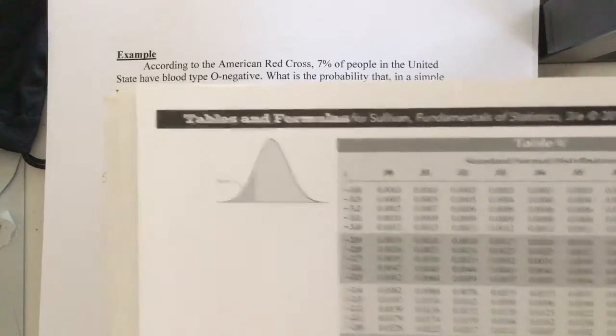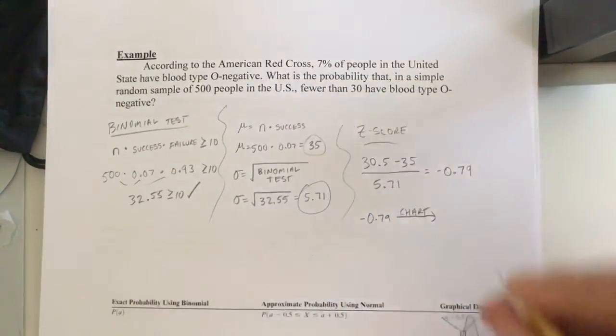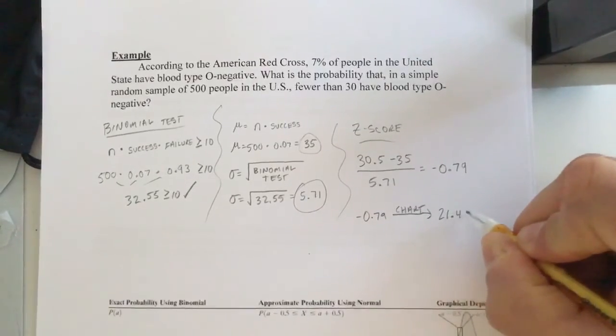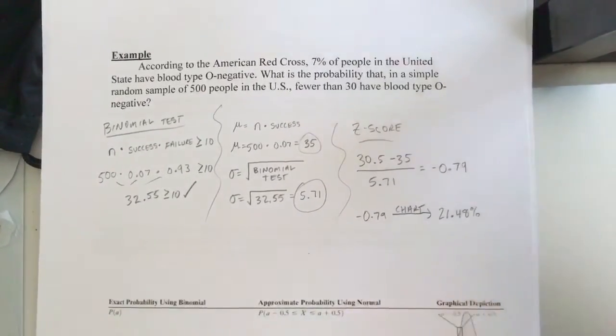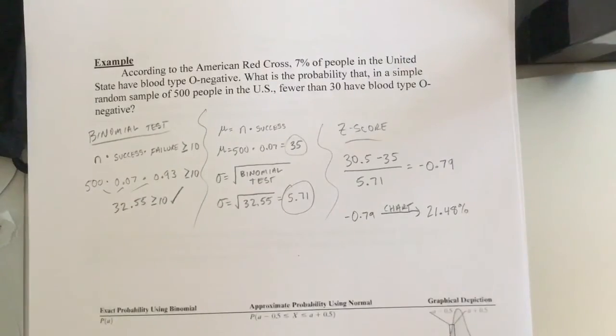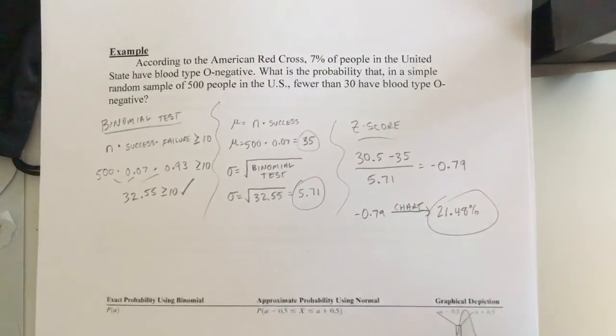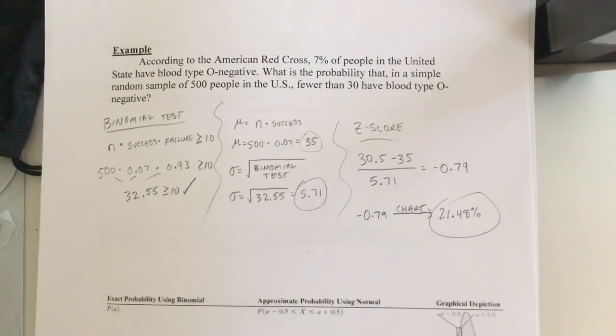Okay. So unless I'm bananas, which is high key possible, you end up with 21.48%. Sure enough, because it says fewer, we don't have to take the complement. That's only if it said greater than or more than.